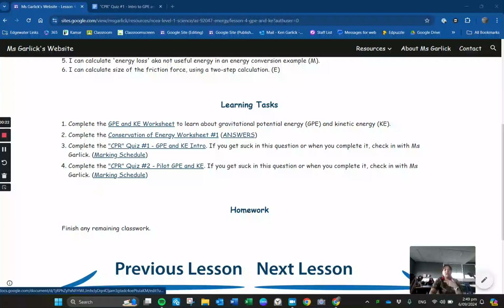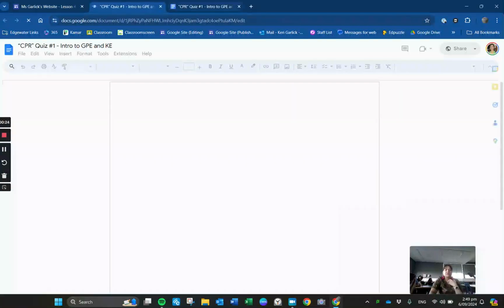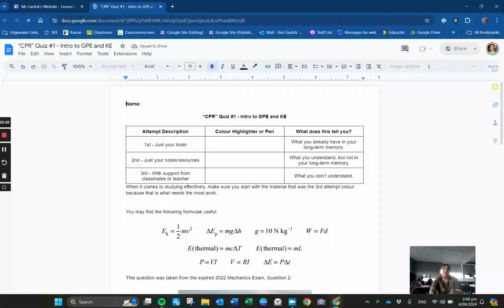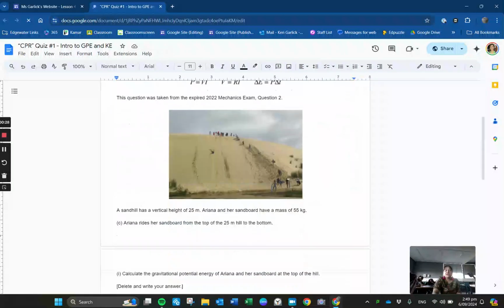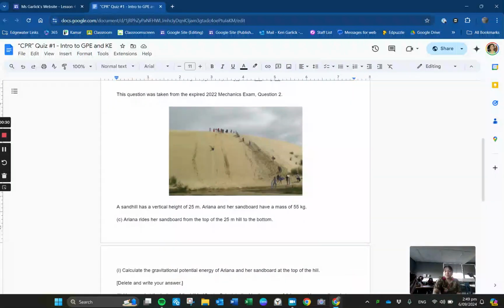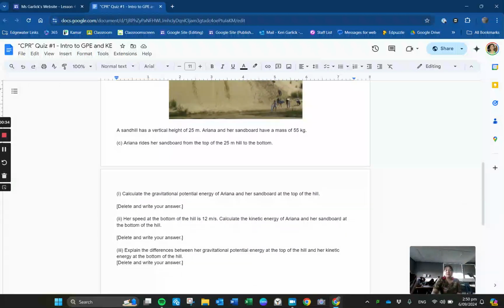So the first CPR quiz that I was looking at, they gave you an example of going down a sand dune and thinking about the energy changes from there. So being mindful that you're starting with gravitational energy and then it's going to get converted into kinetic energy.